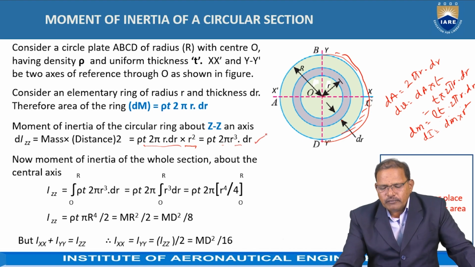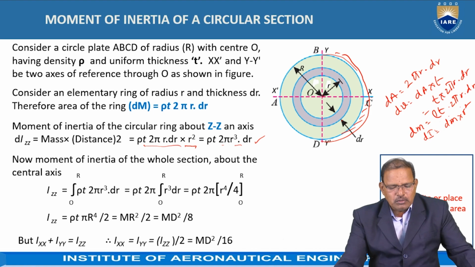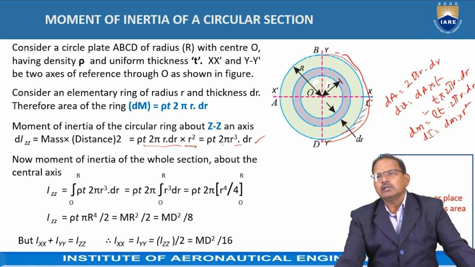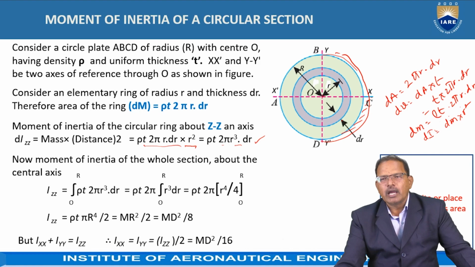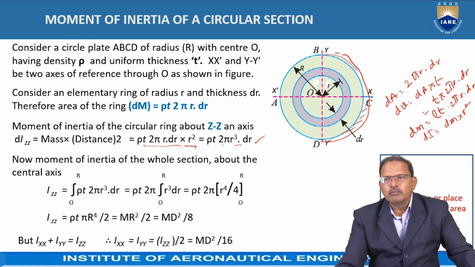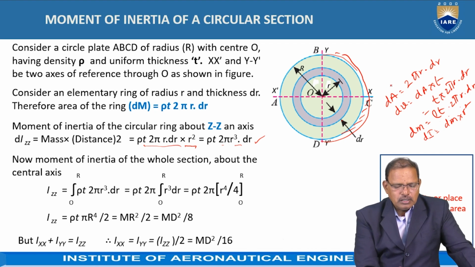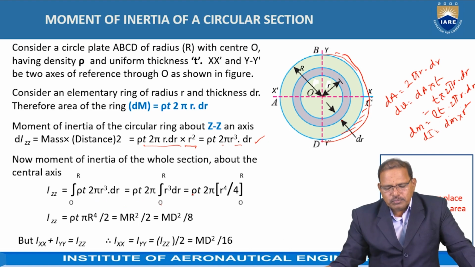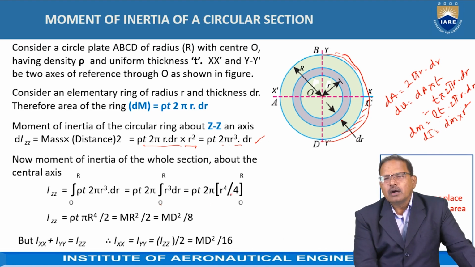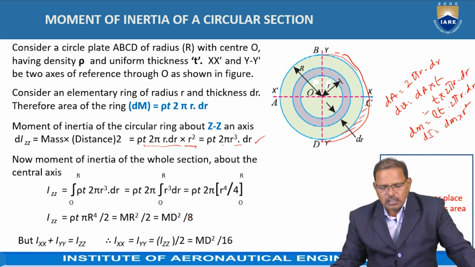This is the moment of inertia possessed by the small ring about the z-axis. So the total moment of inertia of the whole section about the z-axis is given by Izz, integrating the above equation from 0 to capital R: rho t 2 pi times the integral of r cube dr, which is rho t 2 pi r to the power of 4 by 4, which gives Izz equal to md square by 8.